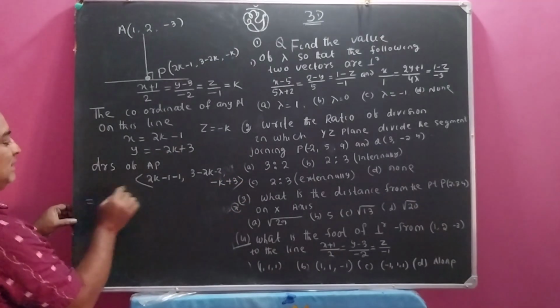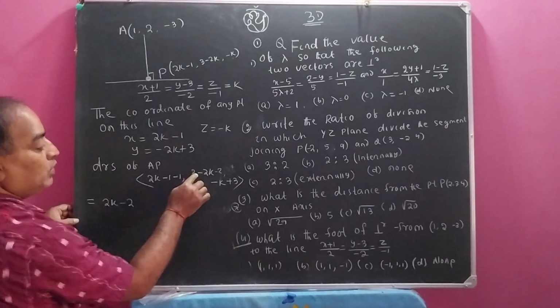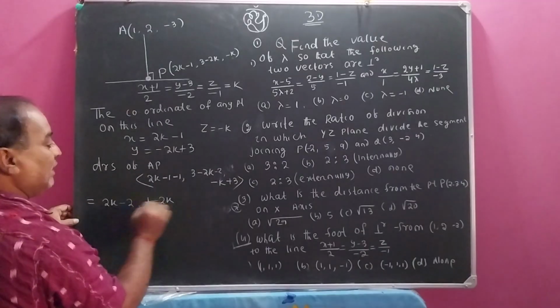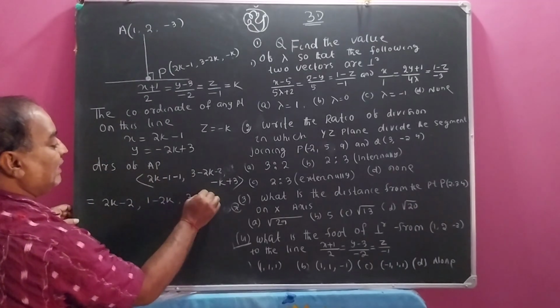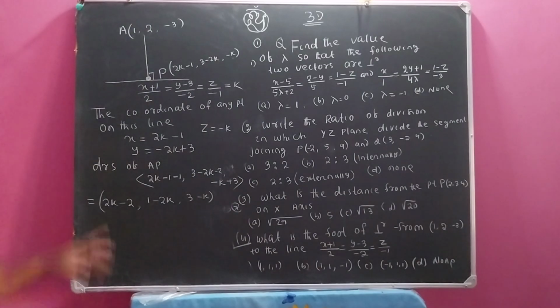That means 2k minus 2, 1 minus 2k, 3 minus k. So this is the direction ratio of line AP.